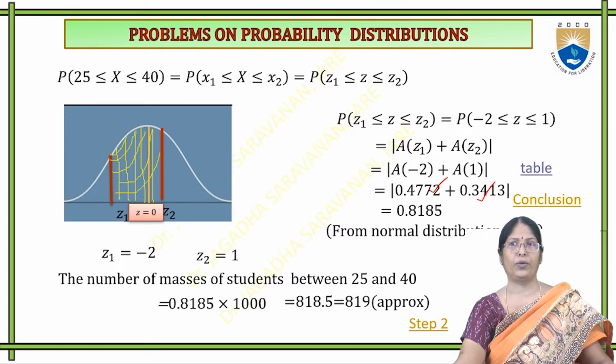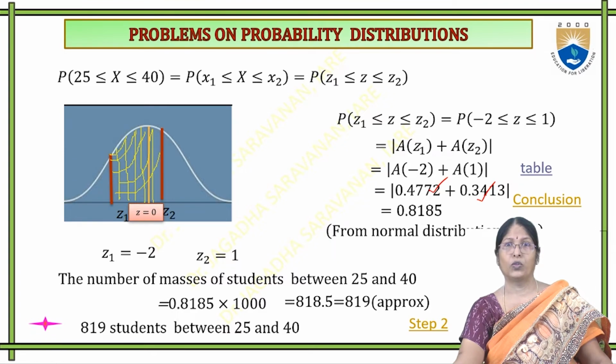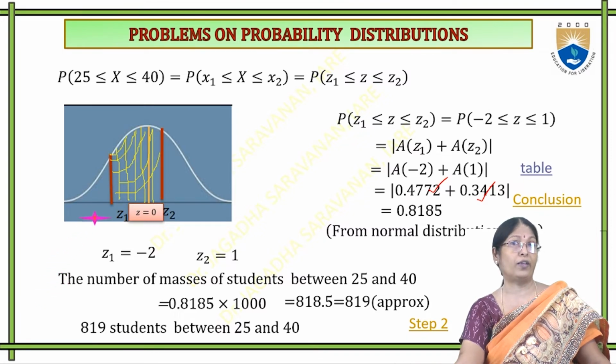The star indicates the particular area we are focusing on, and by calculating we obtained 819 students between 25 and 40.